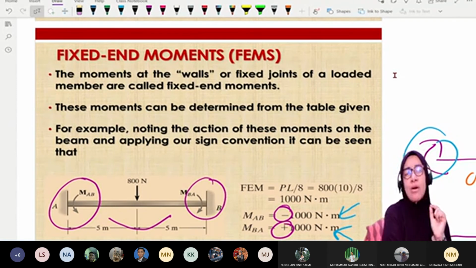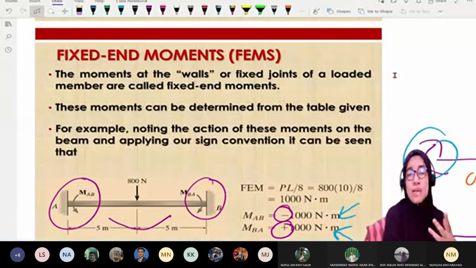And I also told you that we have another reference book written by Aslam Kassimali yang pakai counterclockwise positive. Means that sign convention yang tu okay, boleh clockwise, boleh counterclockwise. Means that boleh assume. Tapi kita akan follow satu lah, kita akan follow Hibbeler.